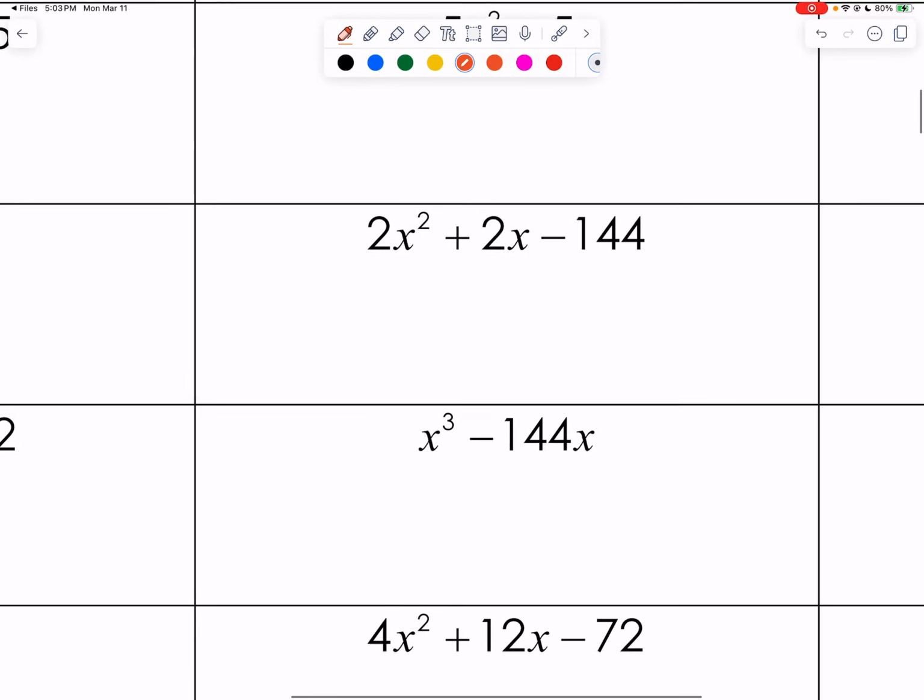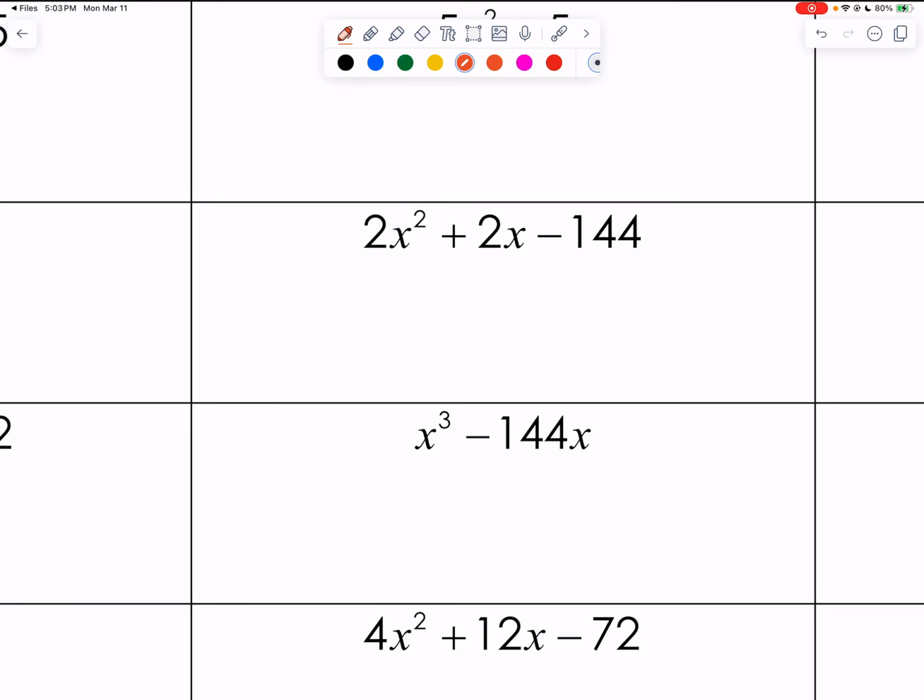Now for 5b, once again, always look for a GCF. Don't multiply 2 and 144 because that's going to give you a very big number. Instead, take out the GCF of 2, x squared plus x minus 72, because 144 divided by 2 is 72. Okay, now think, what two numbers will multiply to negative 72 and will add up to positive 1?